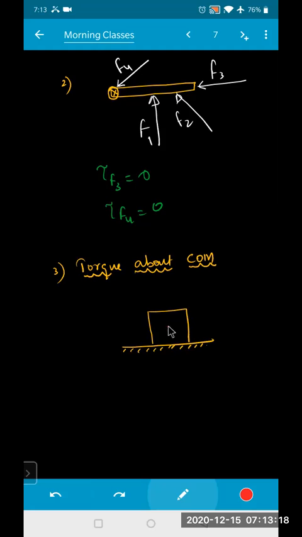This is your center of mass. The weight of the body, mg, acts in the downward direction, and here is your force application, that is your F.